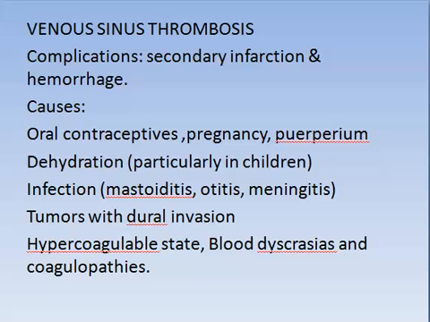Causes: the use of contraceptives, pregnancy, puerperium, dehydration, especially in children, infection like mastoiditis, otitis, meningitis, tumors with dural invasion, hypercoagulable state, blood dyscrasias and coagulopathies. All these can result in sinus thrombosis.